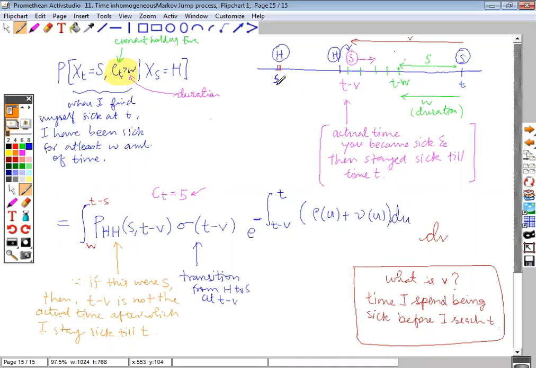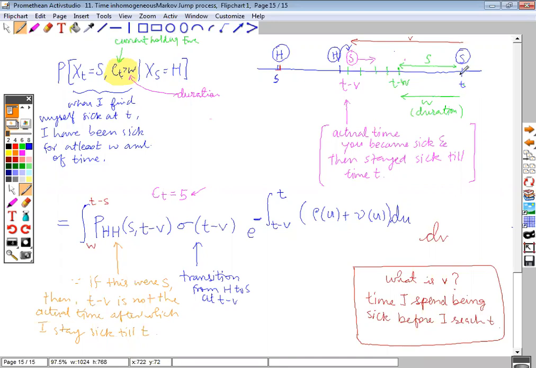So okay, starting from the start. What is V? V is the time I spend being sick before I reach T, right? And it was given to us in the question that for at least W time, you stay sick. So I know the minimum value I spend being sick before I reach T is W. But what is the maximum value I can spend being sick? It is if I take this to the extreme case here, right?